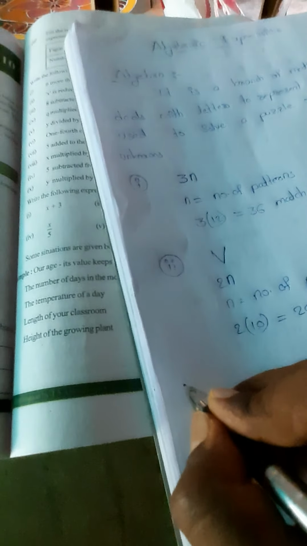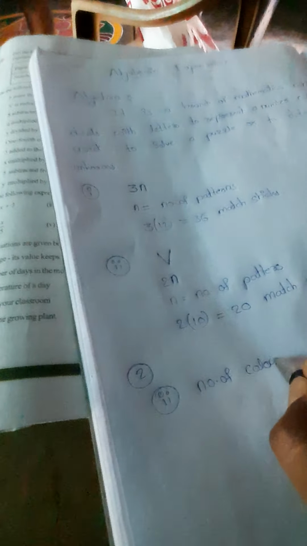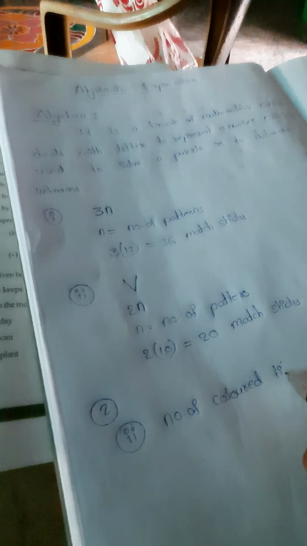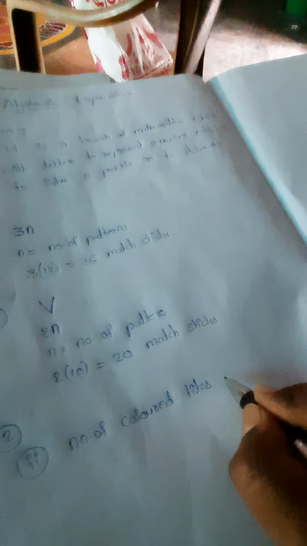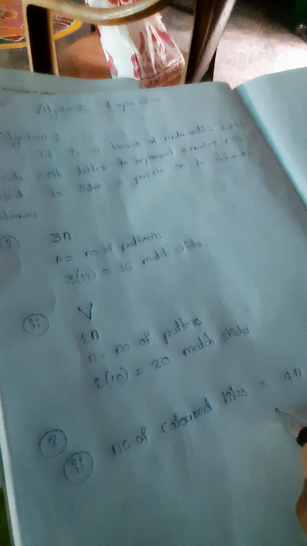How? By using the formula 4n. The second one, number of colored tiles equal to, we are using the 4n formula.